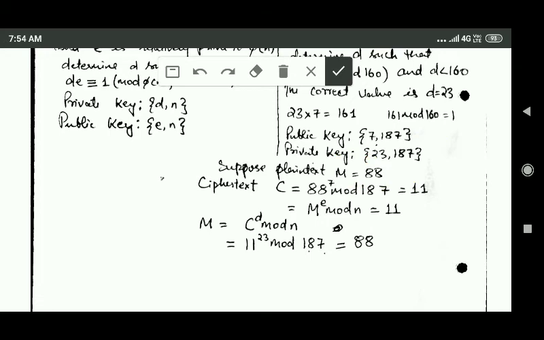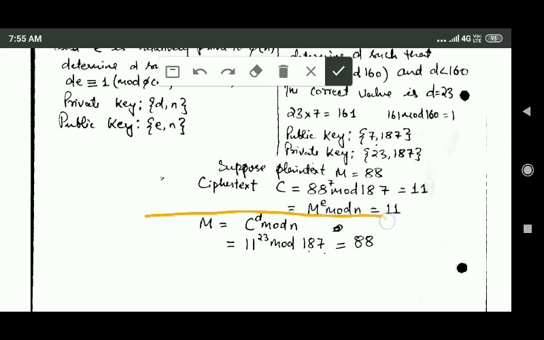For that purpose, the public key, which consists of 7 and 187, will be used. So ciphertext C will be equal to 88 raised to power 7 mod 187, and it will be equal to 11. Here we have used the formula M raised to power e mod n is equal to the ciphertext.